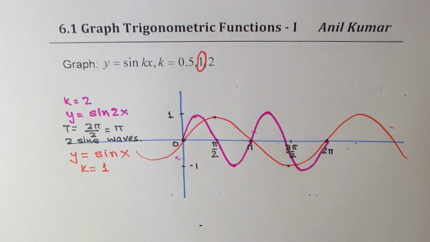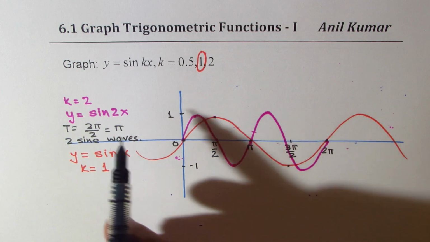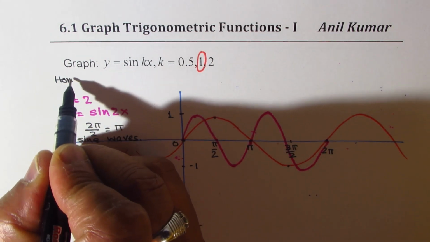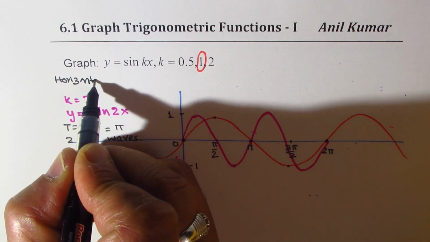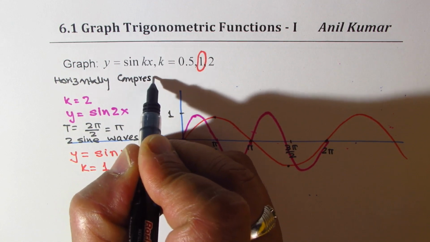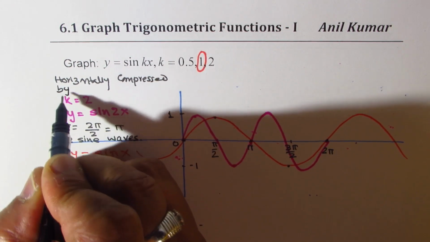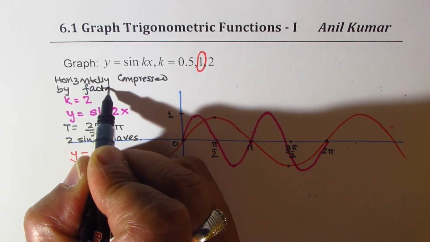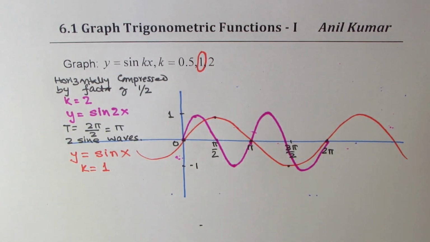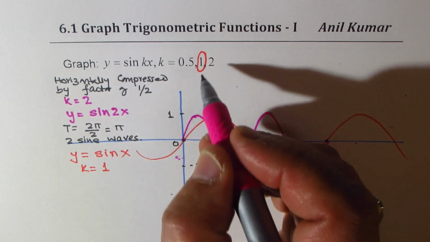You get an idea. So it is horizontally compressed. So if it is k equals 2, then it is horizontally compressed by a factor of half. You get an idea. So that is what happens when we are talking about 2.